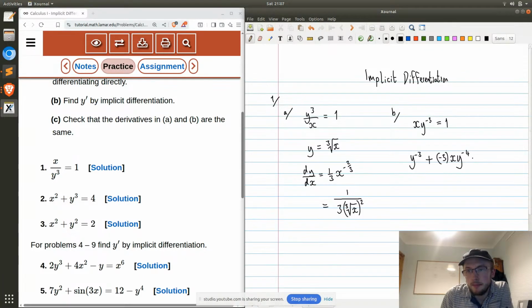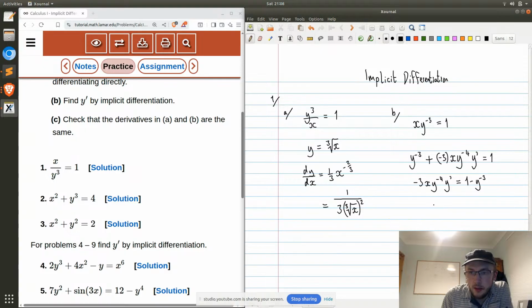And then, well, I guess it would be like that, wouldn't it? That's equal to 1. Well, this is quite a mess, isn't it? All right. So minus 3xy to the minus 4 y prime equals 1 minus y to the minus 3.